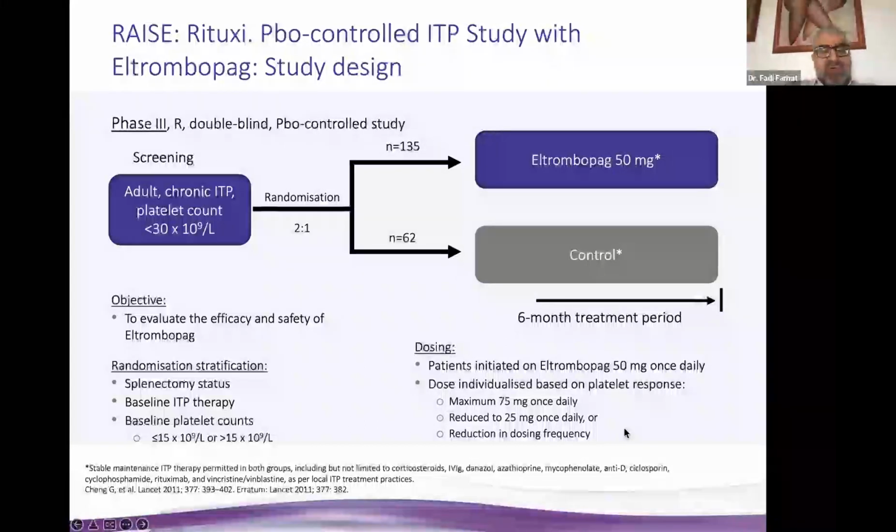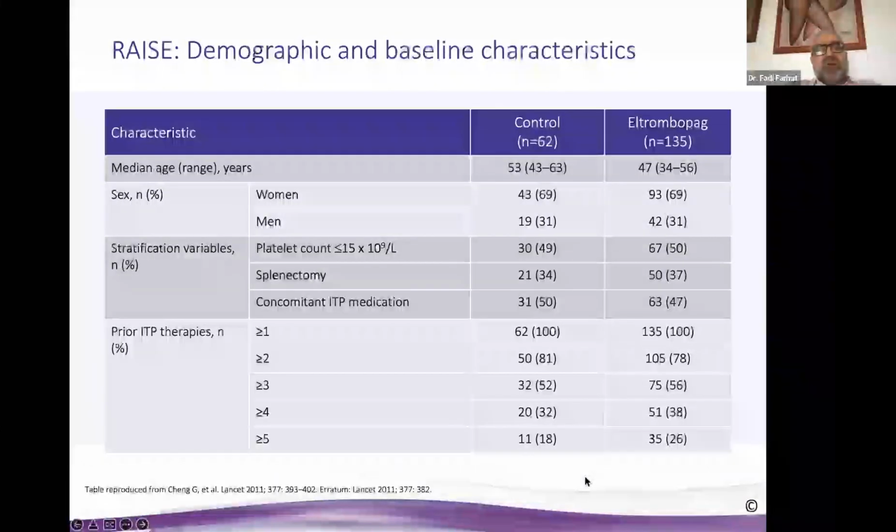So these were the options, and the control was either steroids, IVIG, danazol, anything could be used for such patients.